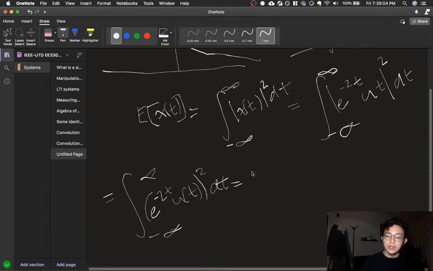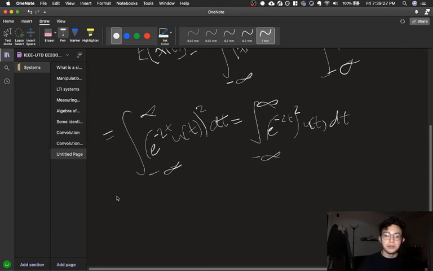And we can say this is the integral of e to the negative 2t squared. Taking a power of some power is just multiplication, so that's e to the negative 4t u of t dt. Just trying to be very thorough here. Negative infinity to infinity.